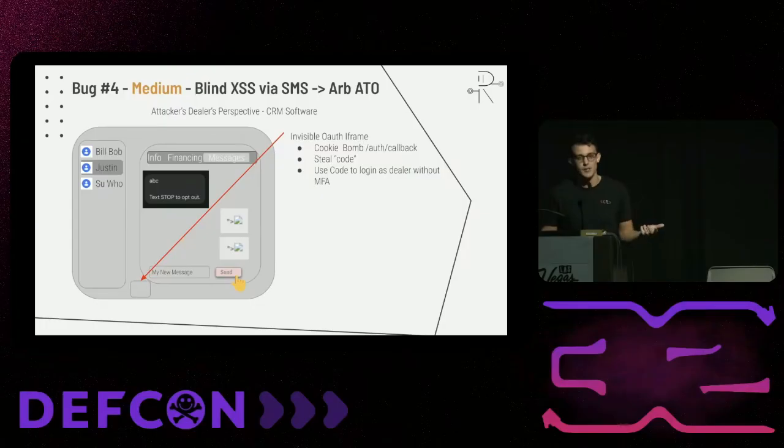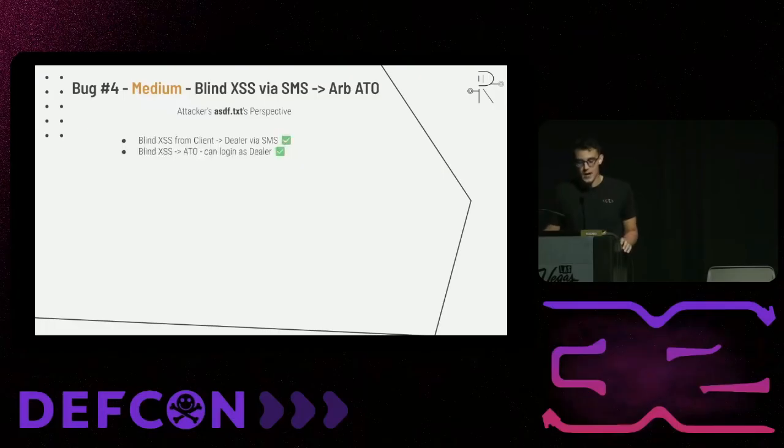So whenever the dealer comes, the victim's token would be exfiltrated, and the attacker can simply click the link and they're logged into the victim's dealer account. And you don't have to bypass MFA or anything like that because the session token is there.